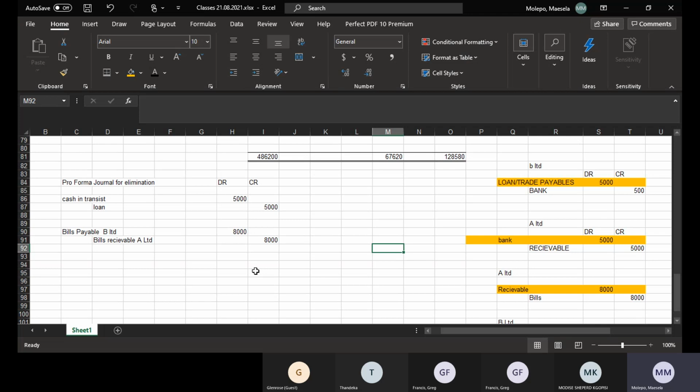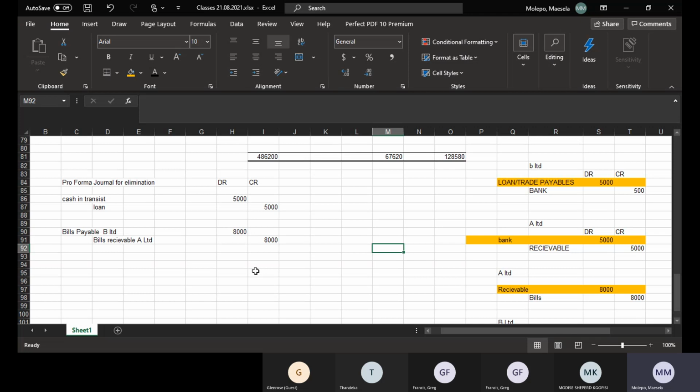Then plus the 10,000 of the bills that was supposed to be received, as shown in the bills payable. Remember, in B Limited it is bills payable, but at the end, it's going to be the bills receivable by A Limited. So out of the 10,000 of the bills payable, we less the 8,000. The 8,000 is the one received because there was a discount of 2,000. So we less the 8,000 of the one received.